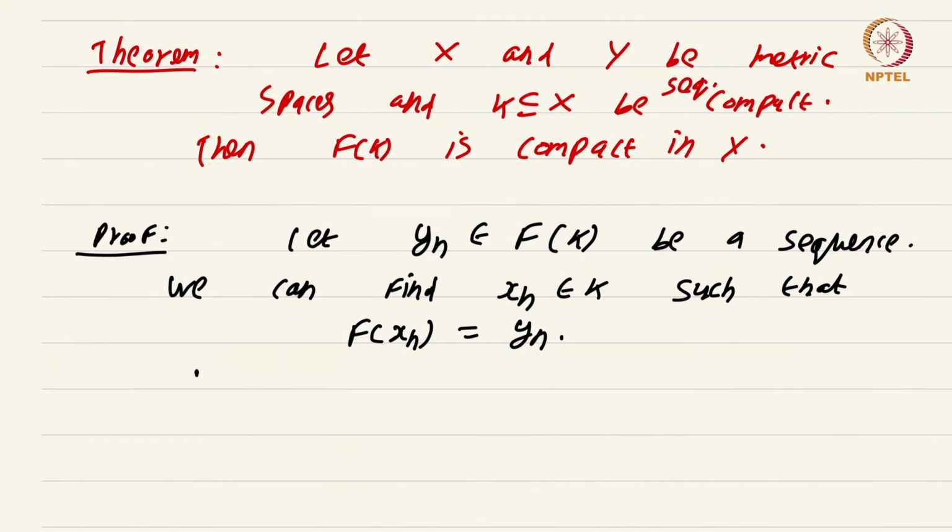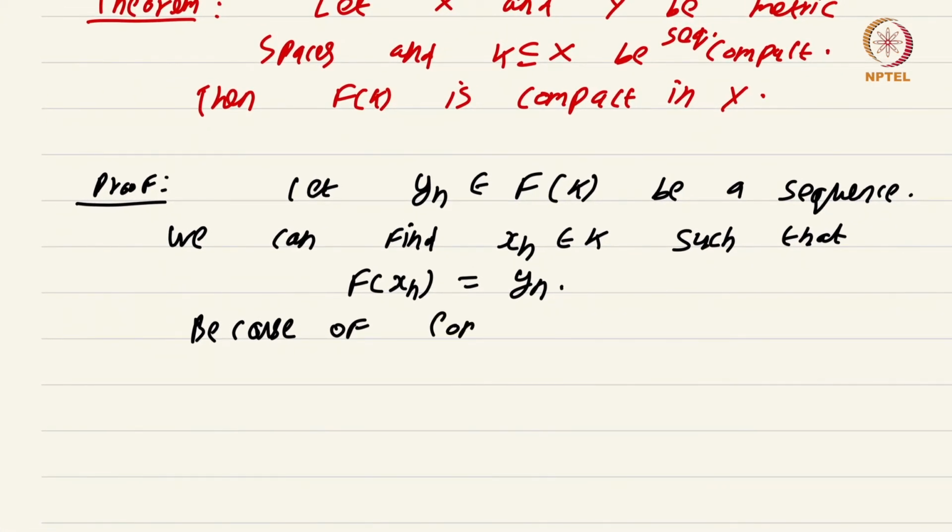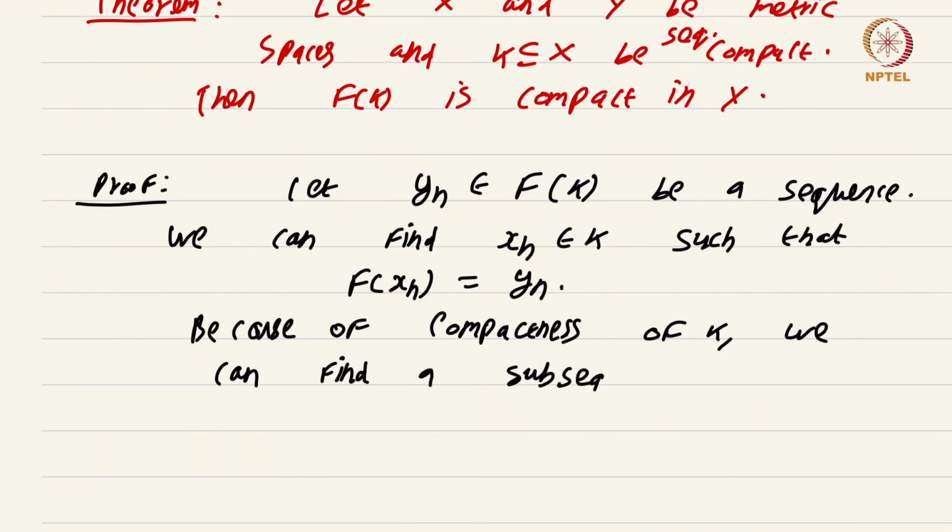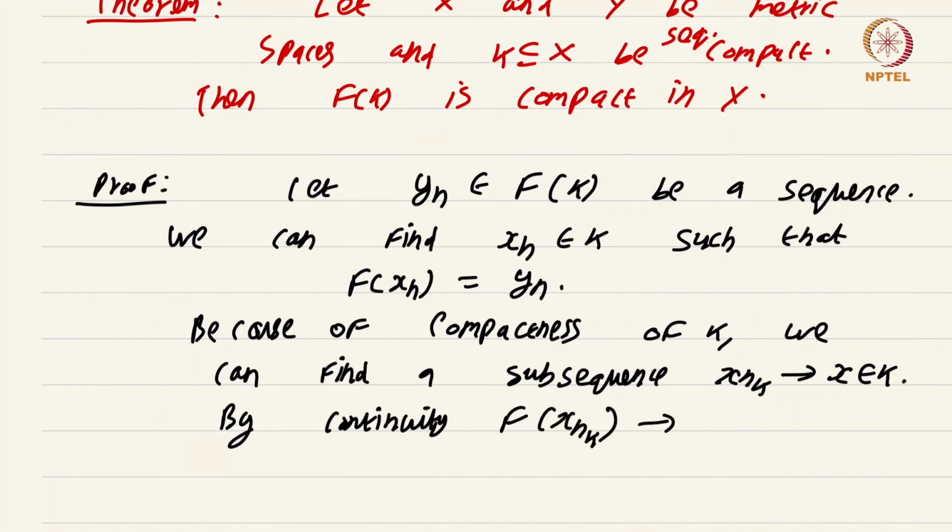Then because of compactness of K, we can find a subsequence Xn_k converging to X in K. By continuity, f of Xn_k converges to f of X, and this f of X is of course in f of K because X is in K, showing that f of K is compact.